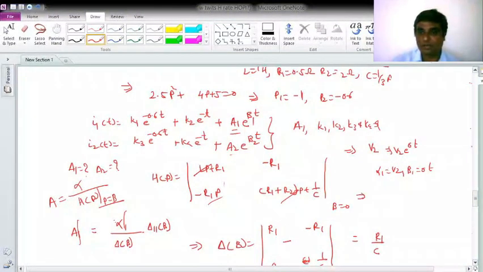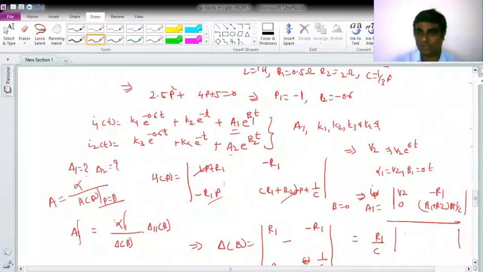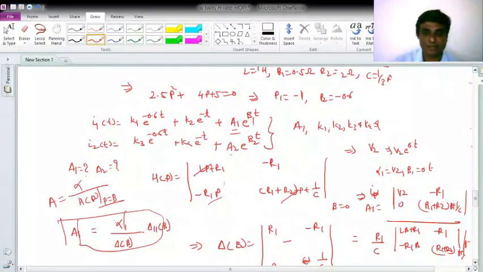Or what you can do, in order to calculate I1 of t, or suppose A1, you can find V2 0 minus R1 and R1 plus R2 beta plus 1 over C, using Cramer's rule, and using your L beta plus R1 minus R1 beta and R1 plus R2 beta plus 1 by C, and beta is 0. So if you substitute, you will get the same answer that we have obtained, right? So delta 1 1 is nothing but the cofactor, which is to be evaluated at beta.